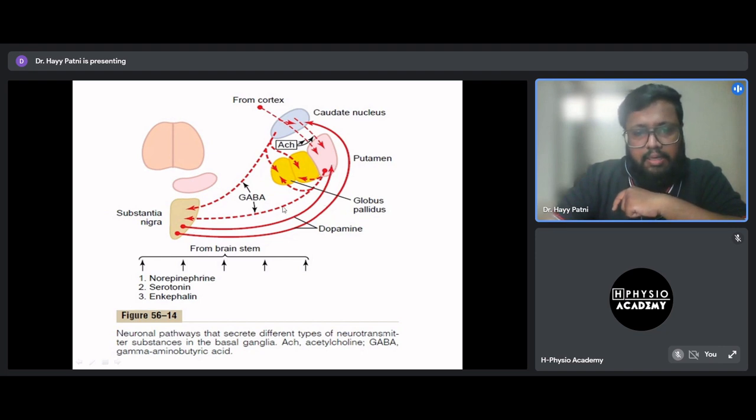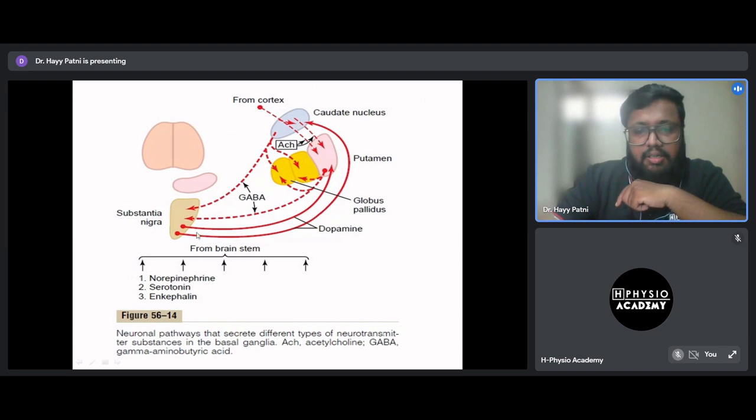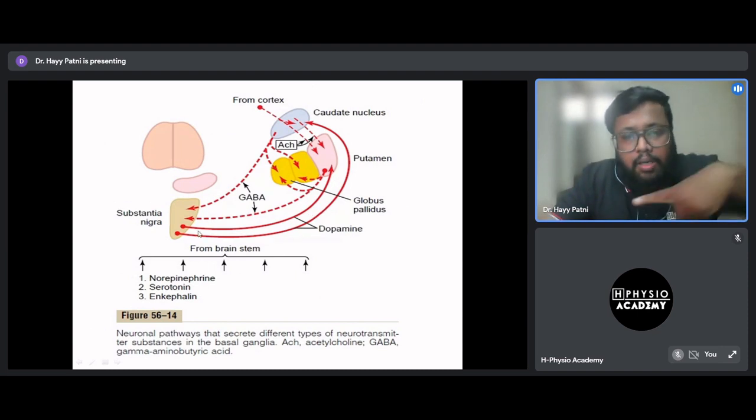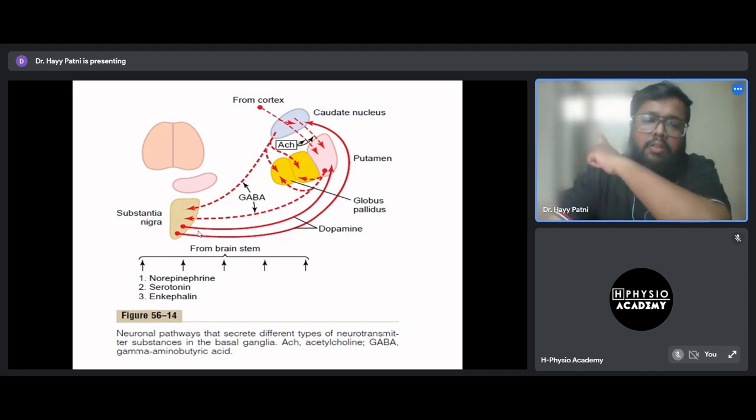You will be getting the GABA pathways, as we discussed before, from the caudate nucleus and putamen to the globus pallidus and the substantia nigra. These are one-way pathways. When we are talking about neurotransmitter pathways, we are talking about one-way pathways.